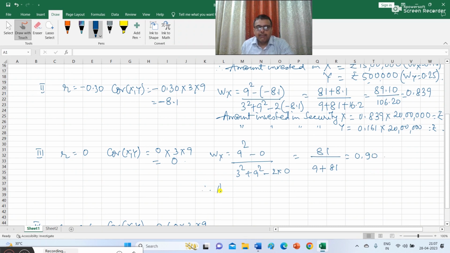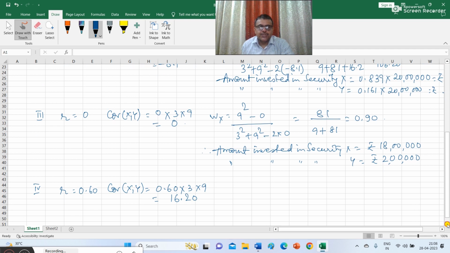Therefore, the amount invested in security X will be rupees 18 lakh, that is 0.90 multiplied with 20 lakh. And the amount invested in security Y will be rupees 2 lakh.